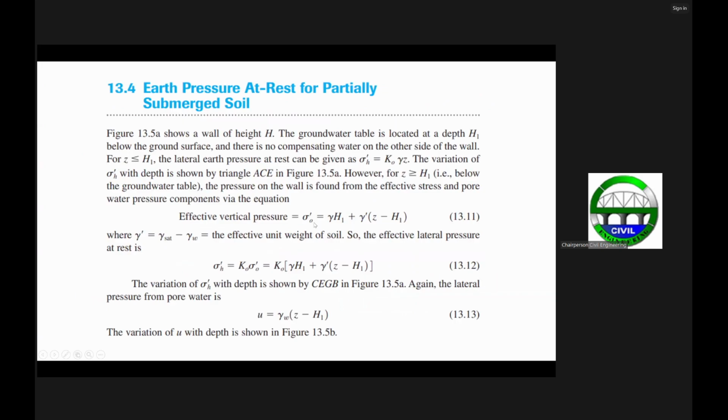So in that case, let's now discuss the earth pressure at rest for a partially submerged soil. That means you have a groundwater level.